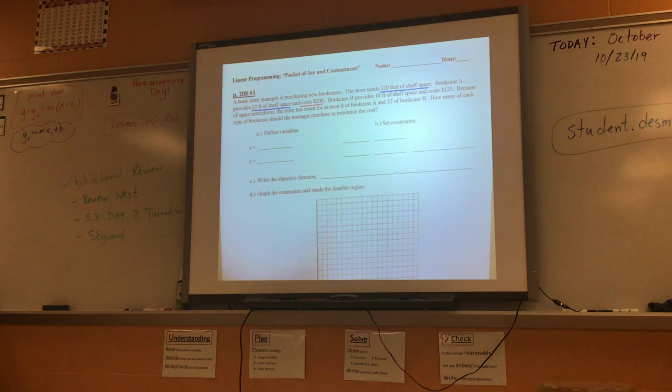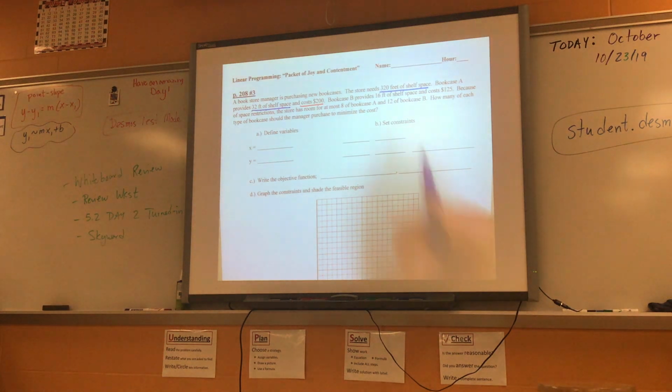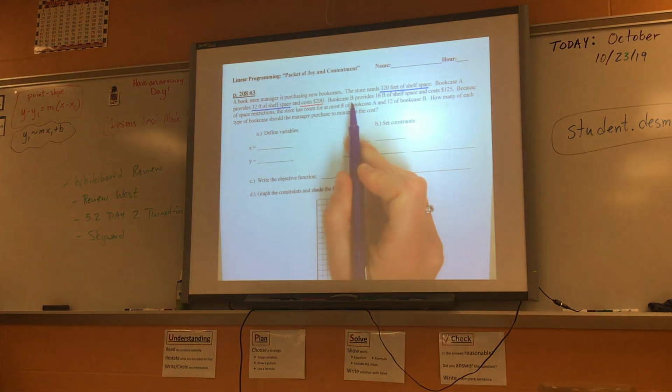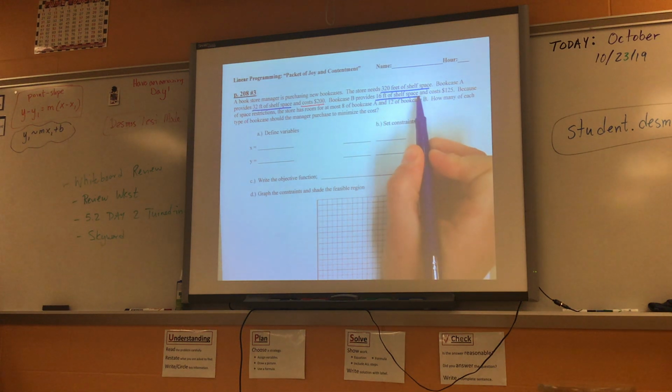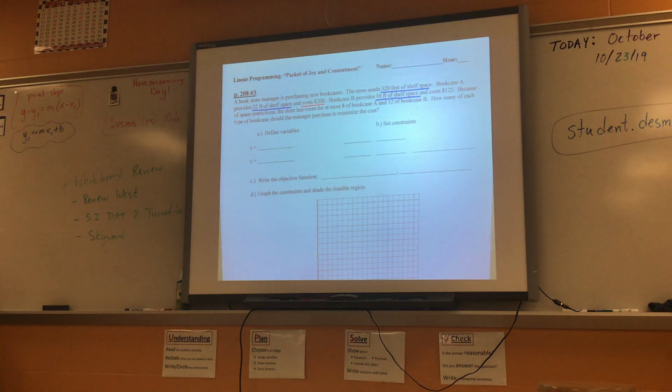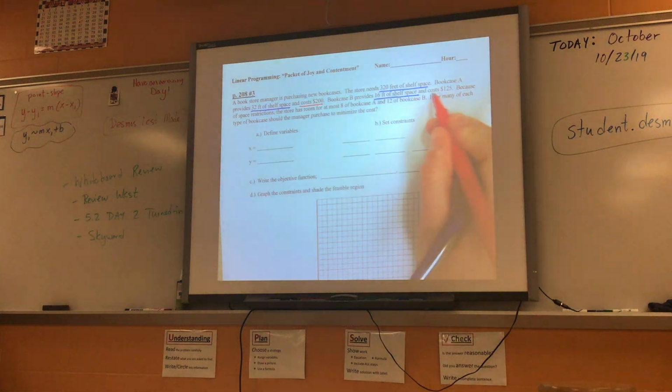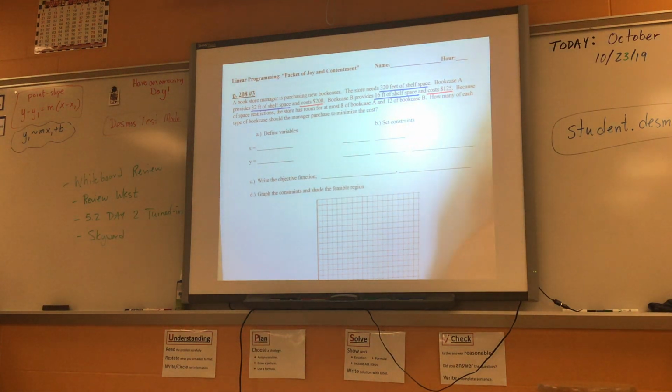That's money, so I'm going to underline that in a different color. Then it says bookcase B provides 16 feet of shelf space. That's back to blue, because we're talking about shelf space. But bookcase B costs $125, so that's our red stuff.